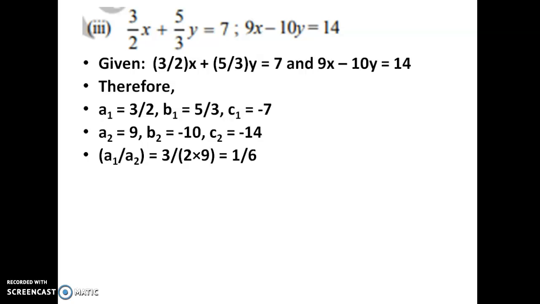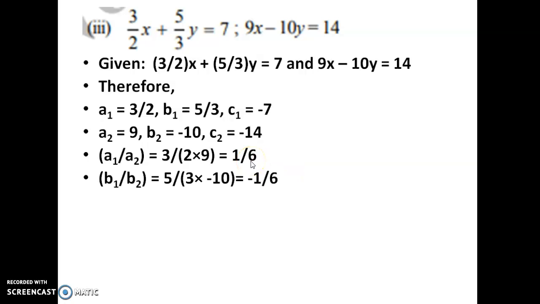So put that 1 in the numerator and 9 in the denominator. That's why you are getting 2 into 9. This fraction is divided by 9, so this 9 will be in the denominator. Don't confuse. So 2 into 9 is 18. Okay, so 3 by 18 is 1 by 6.